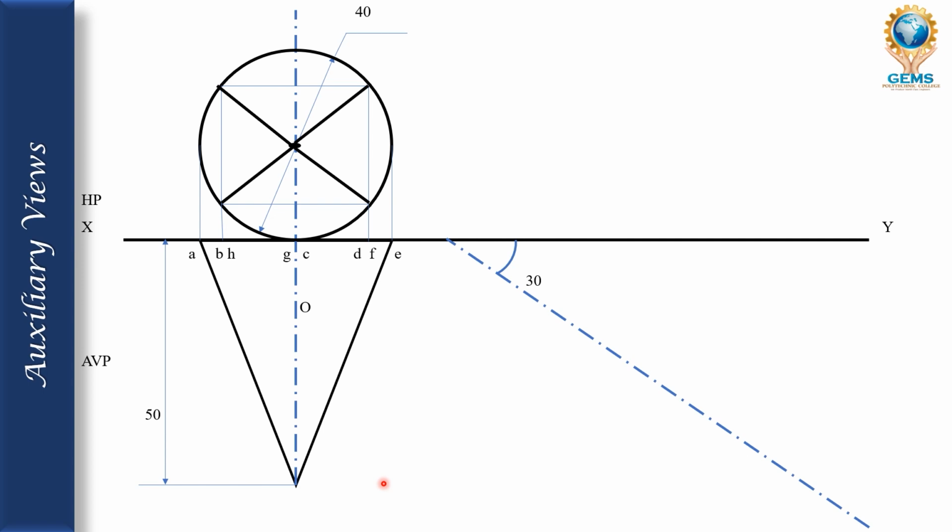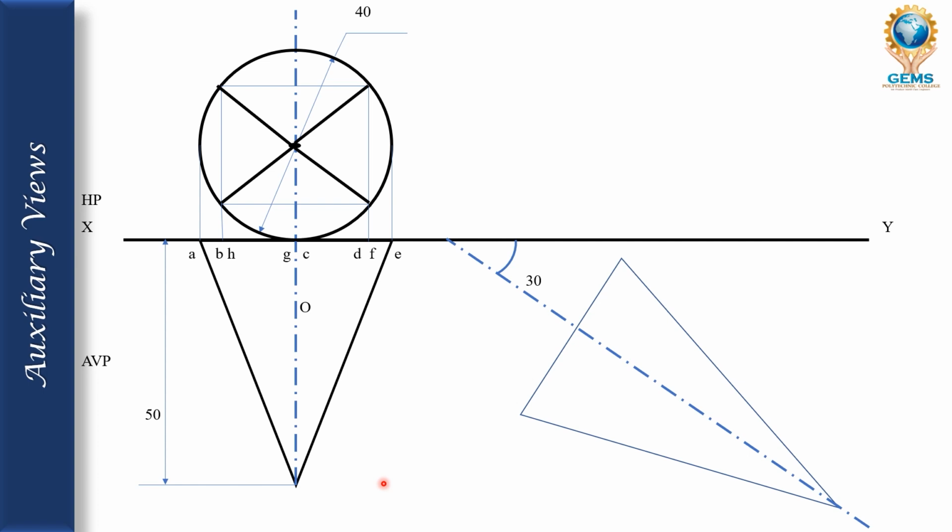So draw a 30-degree line from the XY line in the auxiliary vertical plane. Now draw a rectangular shape, in any dimension, but the bottom must be 40 mm and the height must be 50 mm.